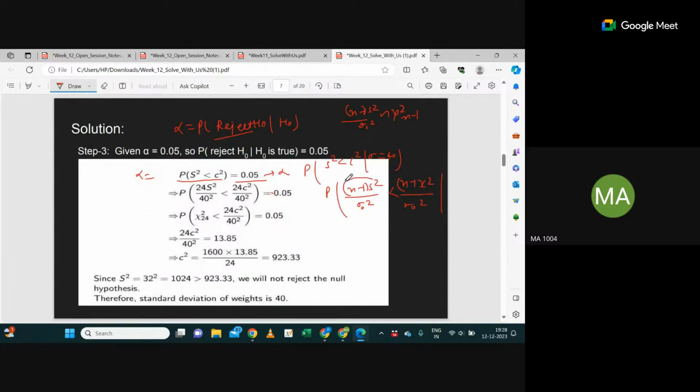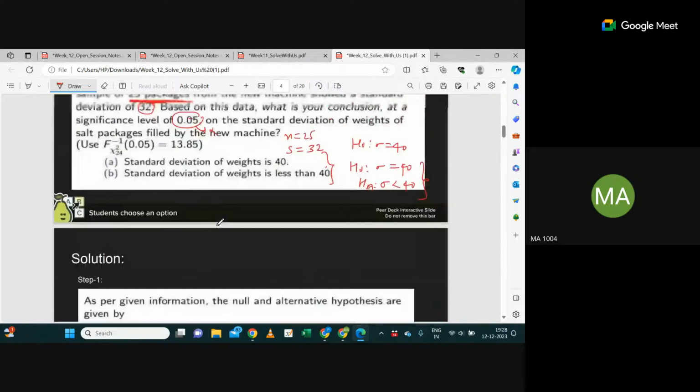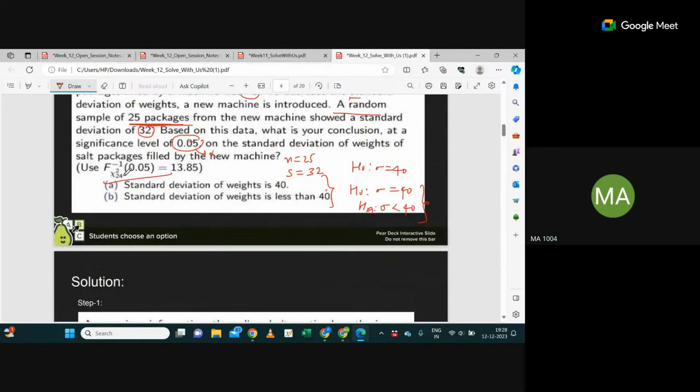Now n is 25, so this will be chi square n minus 1, that means 24, less than 24 C square over 40 square, and this is alpha. Alpha is 0.05, a value given to us in the question. F inverse of 0.05 of a chi-square distribution at 24 degrees of freedom is 13.85.